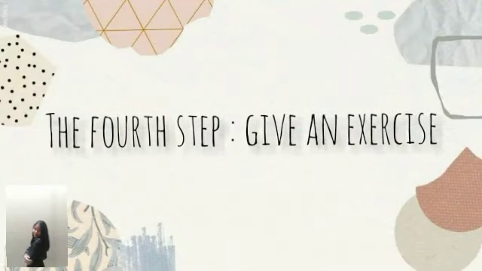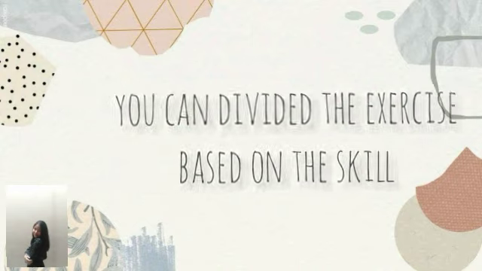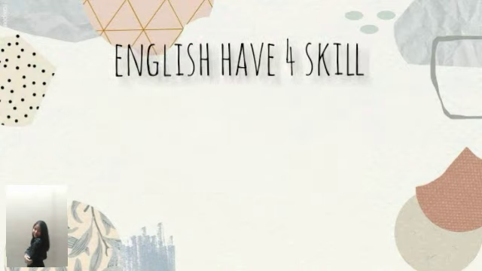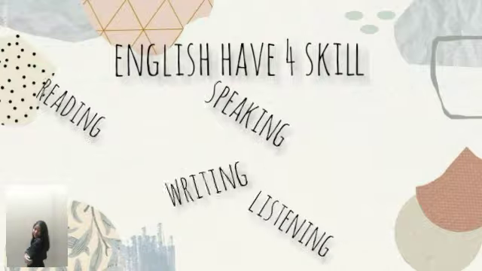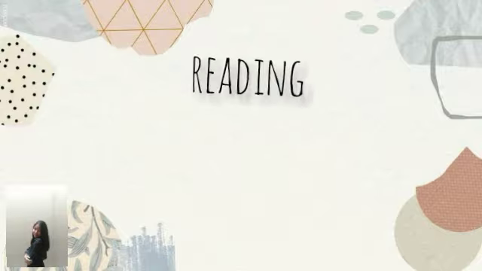The fourth step is to give an exercise. In this part, you can divide the exercise based on the skill. As we know, English has 4 skills: reading, writing, speaking, and listening. But in this case, we just need 2 skills, reading and writing.